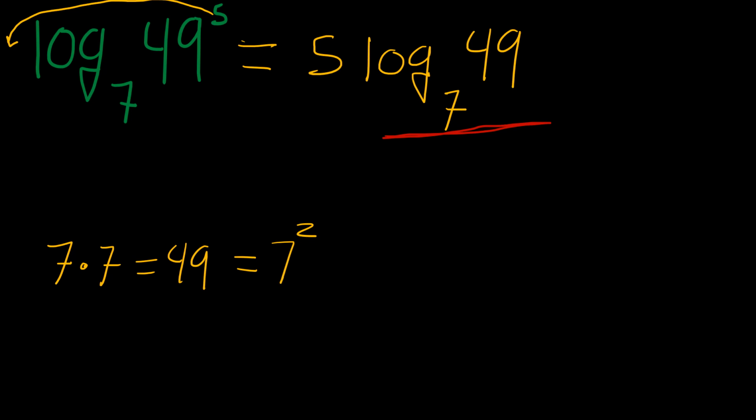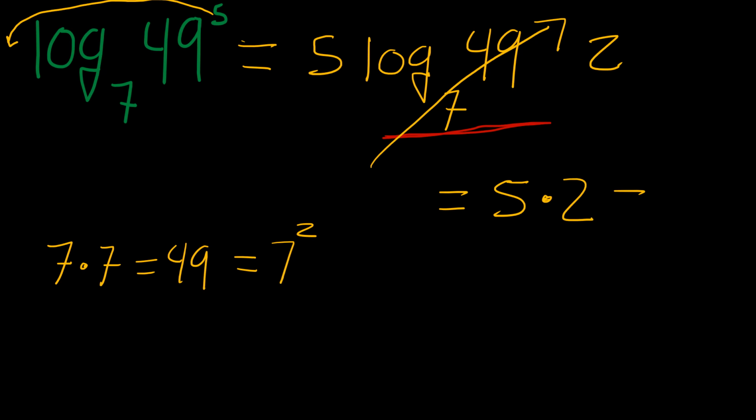So log base 7 of 49 is simply going to be 2. But we still have the 5 out in front, so it's going to be 5 times 2, which equals 10.